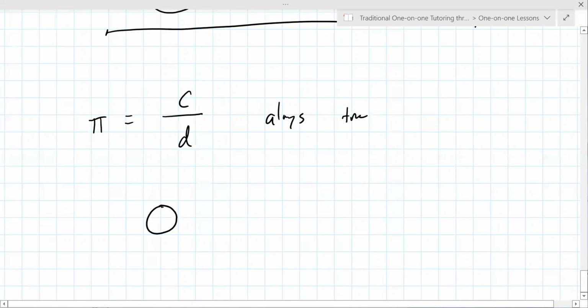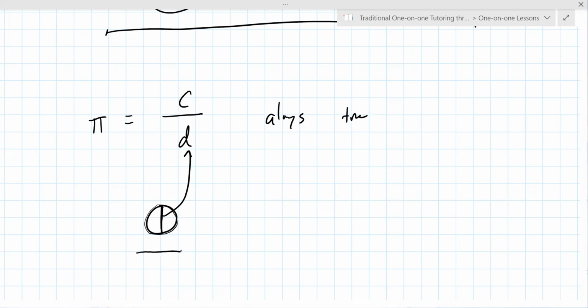So we can measure the distance across. That's the diameter. We could also find a way to measure the distance around, like if we used a little piece of string and wrapped it around it, we can measure it. Now something a little bigger, like a quarter.